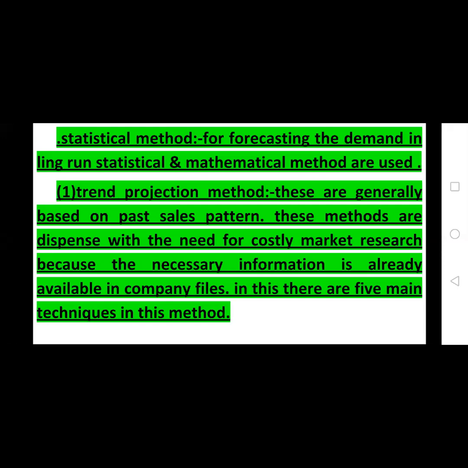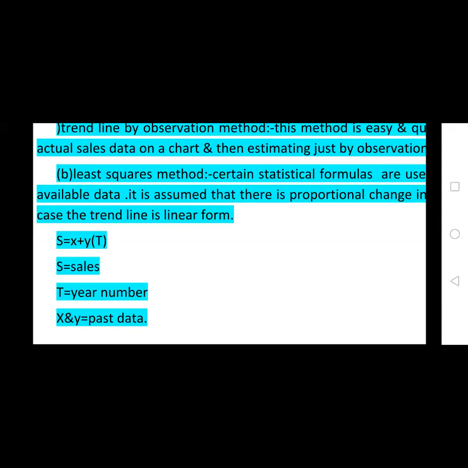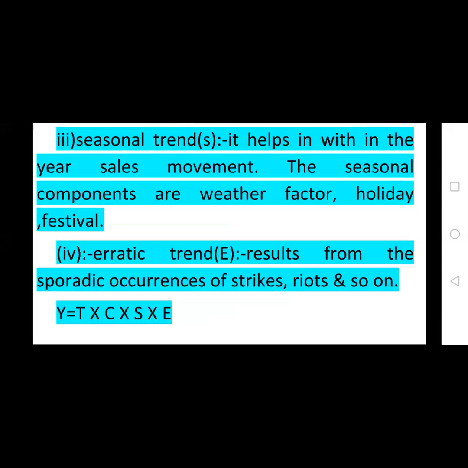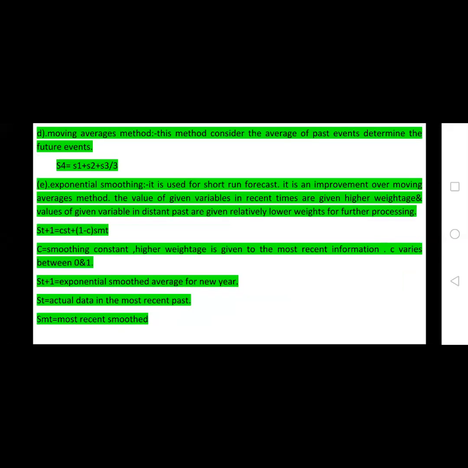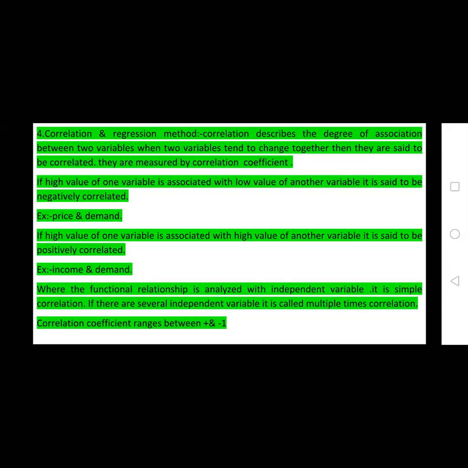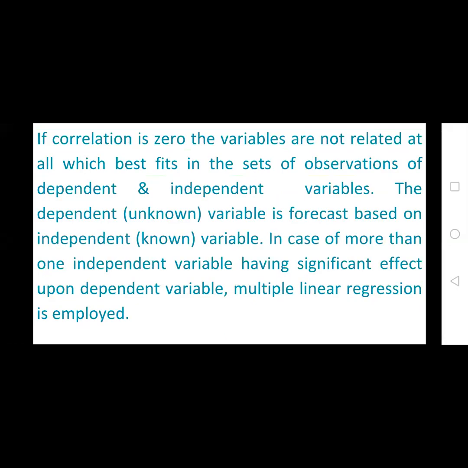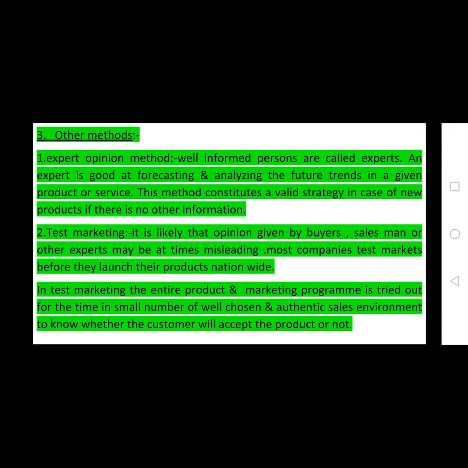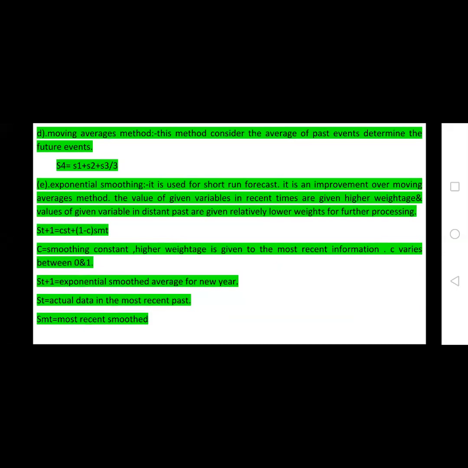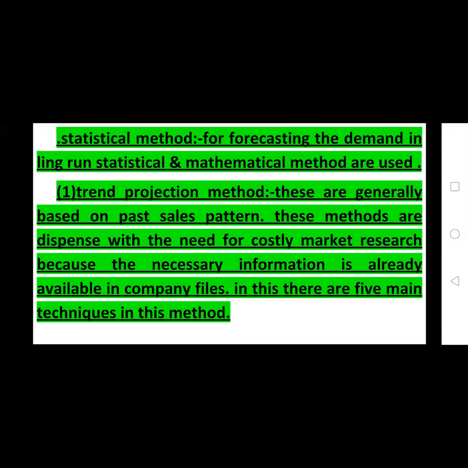The statistical methods are further divided into trend projection method, moving averages method, exponential smoothing, barometric techniques method, simultaneous equation method, correlation and regression method, and time series analysis. So these are the different types of statistical methods.